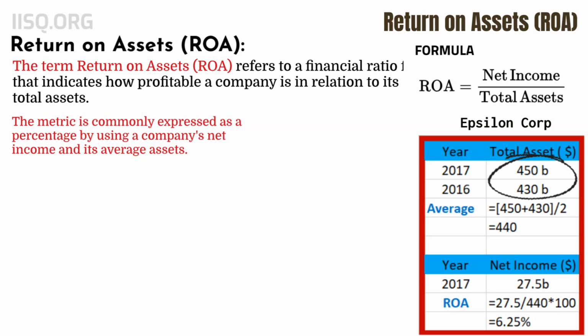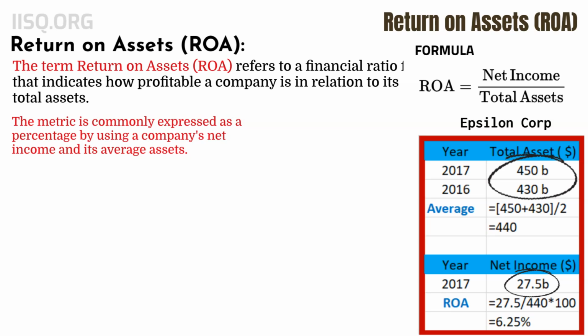The total assets for 2017 and 2016 were $450 billion and $430 billion. So, Epsilon's total average assets for these 2 years were $440 billion. Now Epsilon's net income for the year 2017 is $27.5 billion.